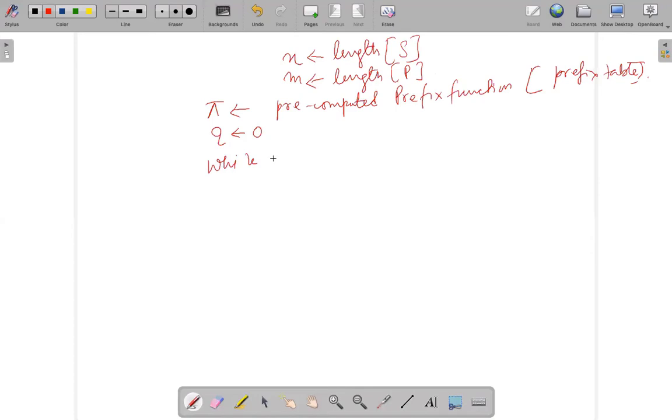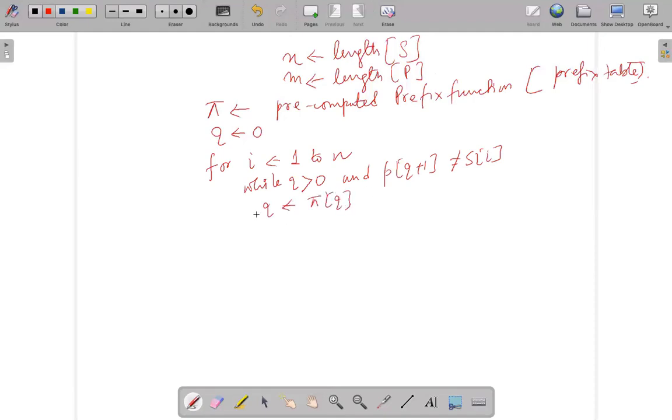First iterating on the string for i from 1 to n, while q greater than 0 and P[q+1] is not equal to S[i], q is set to pi[q], end while.